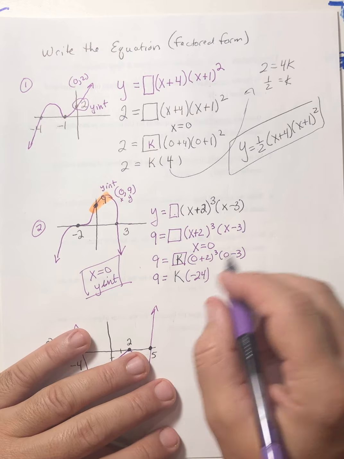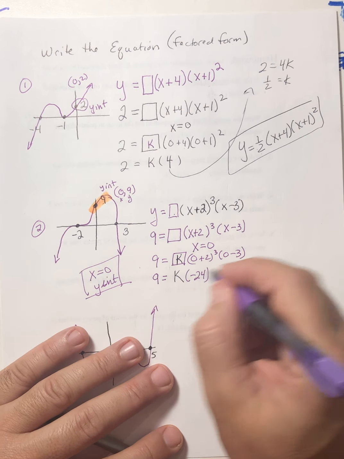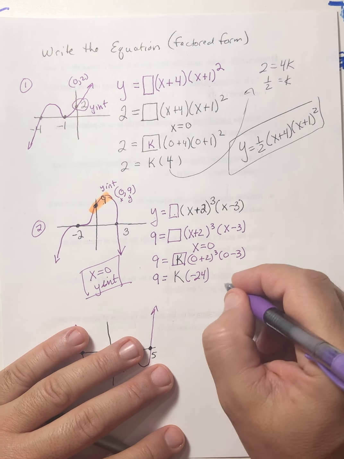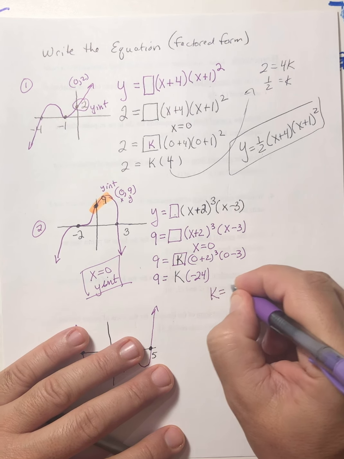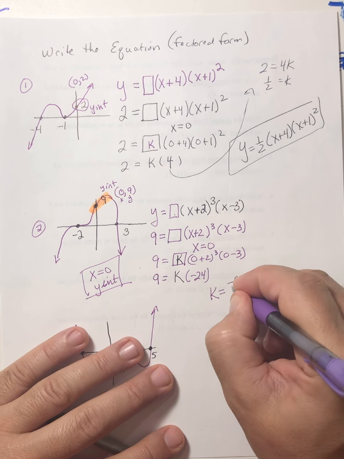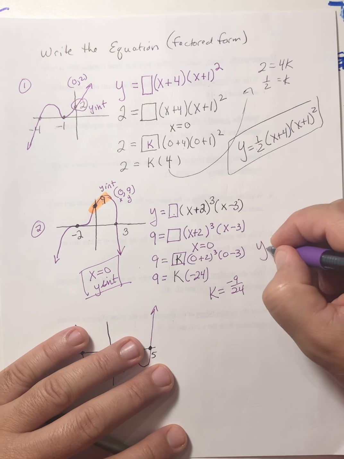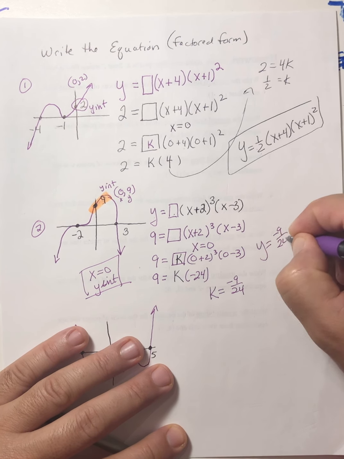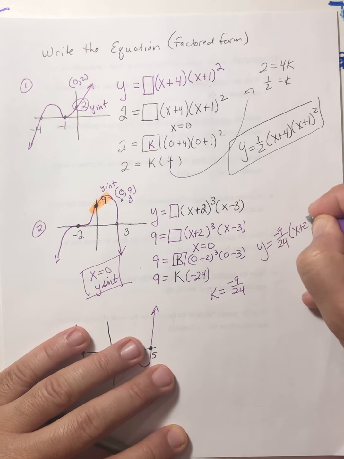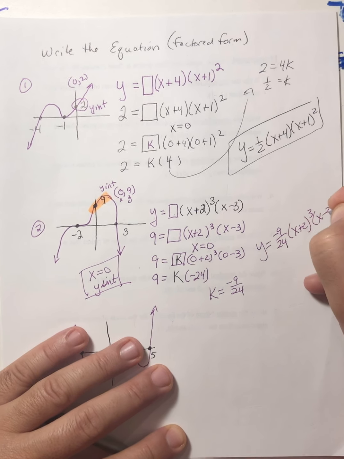Okay, and then what does k equal? Well, no fraction to reduce here, so k equals negative 9 over 24. So now I just got to write it out correctly. y equals negative 9 over 24, parentheses, x plus 2 to the third times x minus 3.